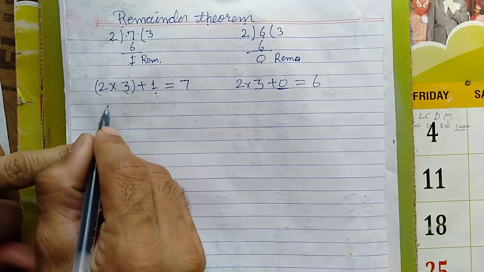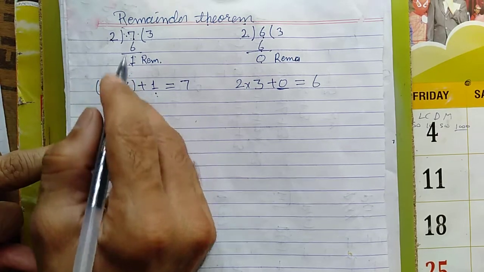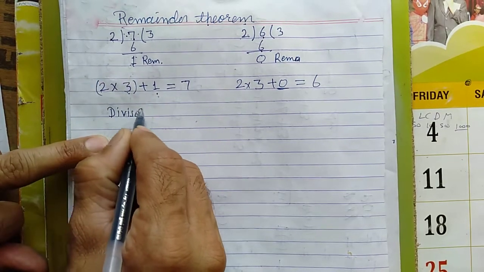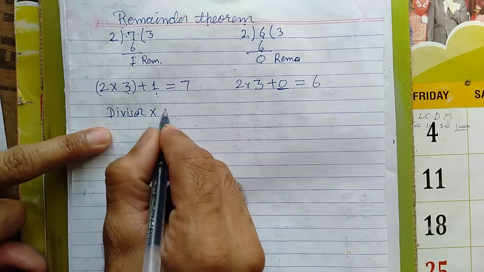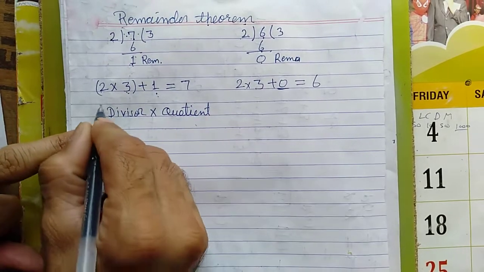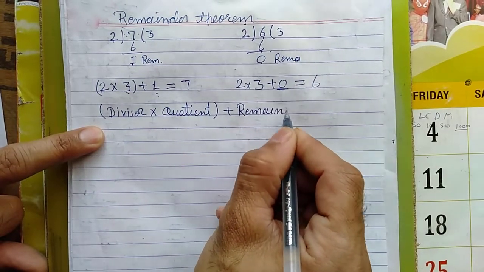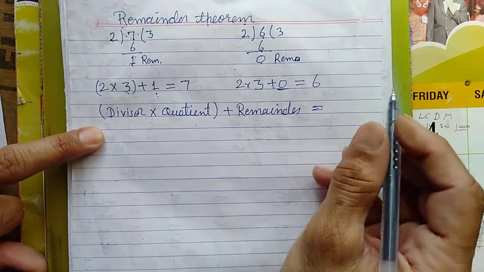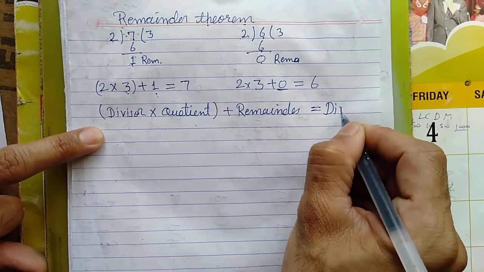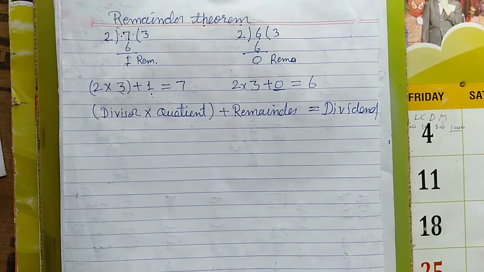As we know, the divisor multiplied by the quotient plus the remainder is equal to the dividend. Right?